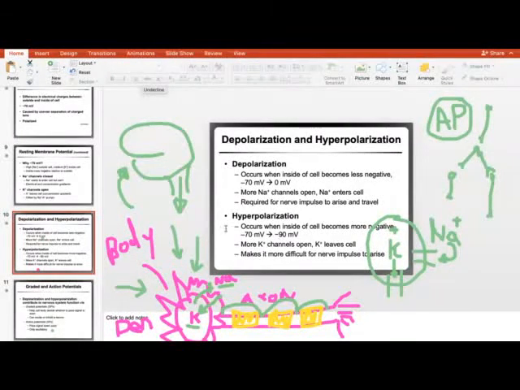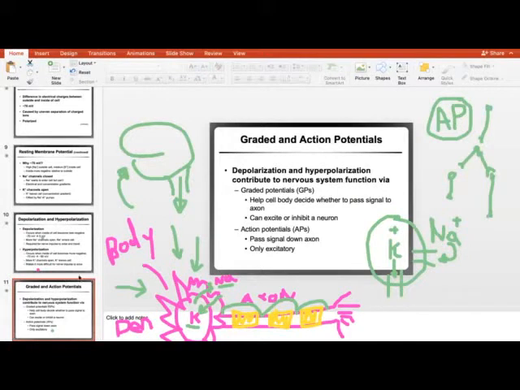While a neuron is hyperpolarized, it's not going to be able to receive this action potential and send it to the other neurons down the line or send it to the muscle fibers. All right, so this depolarization and hyperpolarization have this kind of nervous system function.